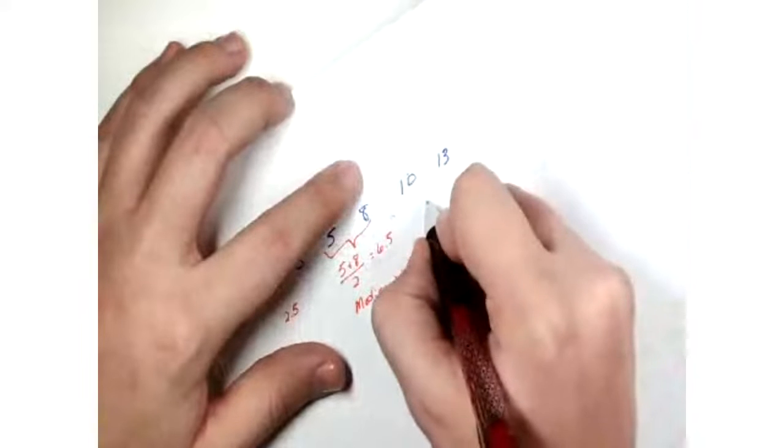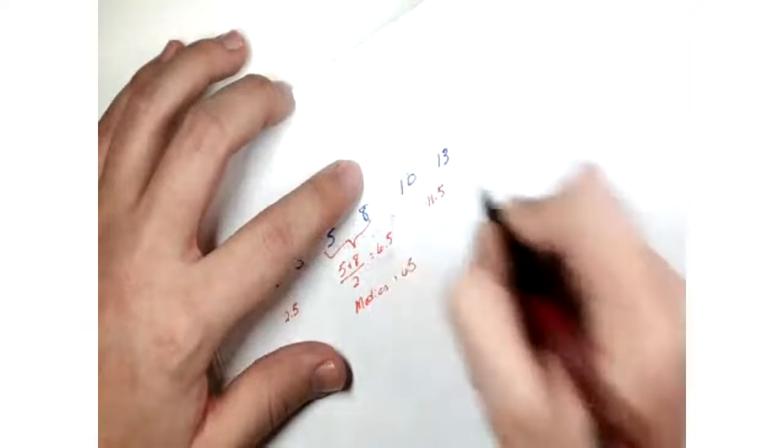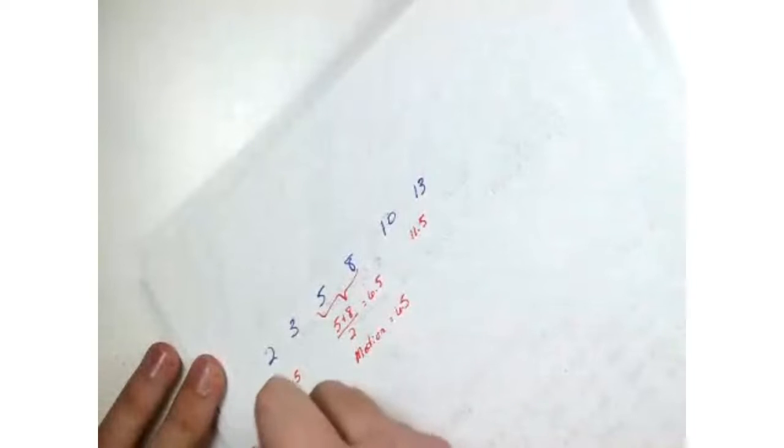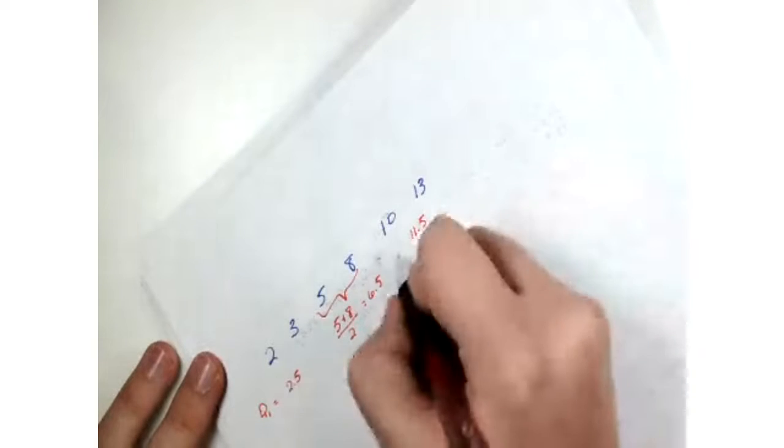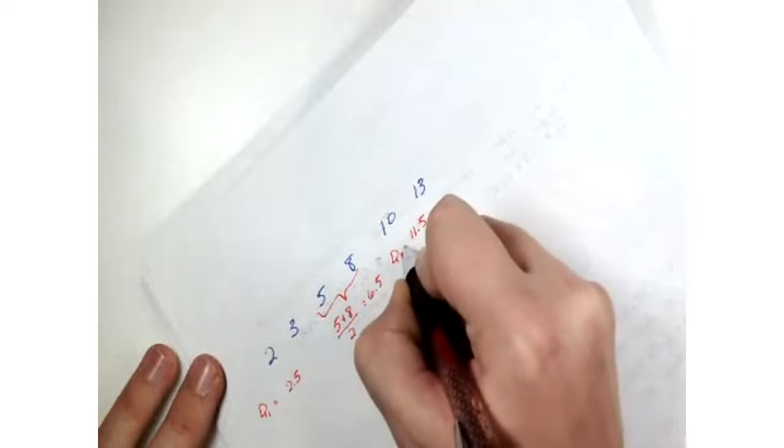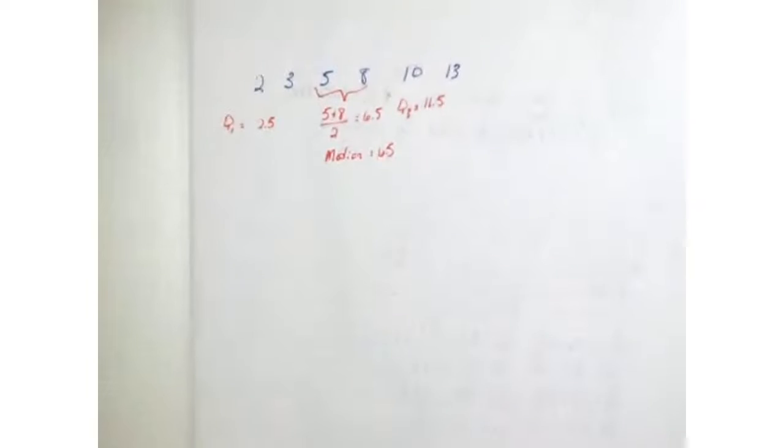And I'm going to do the same thing up here. So I take 10 plus 13 and divide it by 2. So that'd be 11.5. So does that make sense?